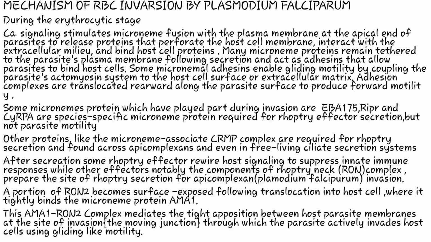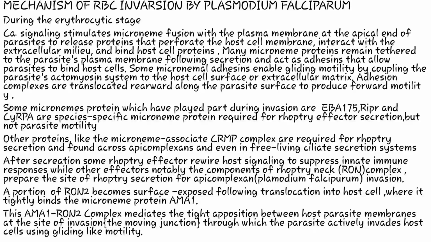Once these RON complexes are embedded in the host cell membrane, there is a portion of RON2, because the RON complex is RON2, RON4, and RON5. Once they are in a group, they are called the RON complex. This RON2 becomes surface exposed following translocation into the host cell, where it tightly binds to the microneme protein.